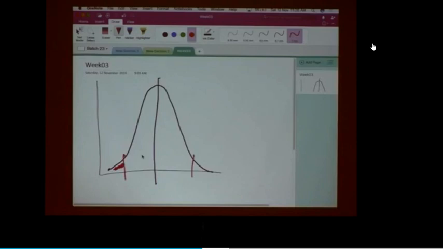So, this is my critical region. This is my Z distribution.